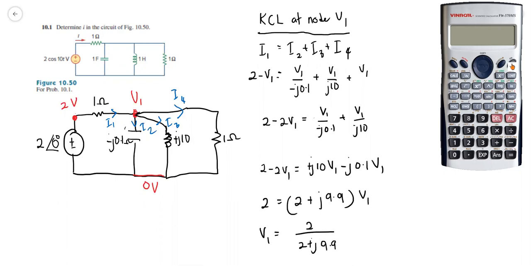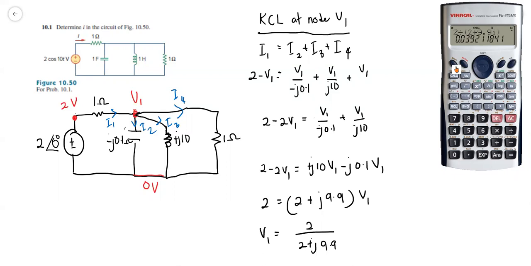Is it correct? 10 minus 0.1, 9.9. By using the calculator, make sure that you are in complex mode. So 2 over, you open the bracket, 2 plus j 9.9, close the bracket, then you have the answer.